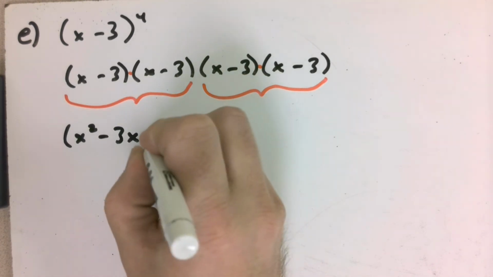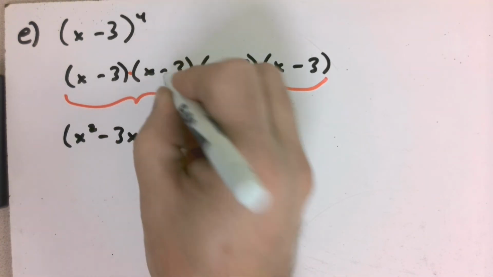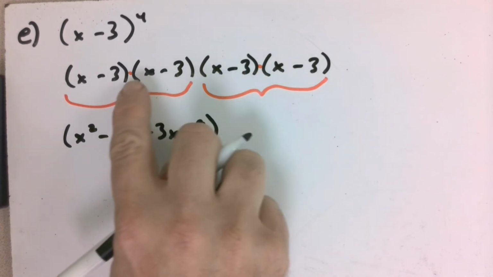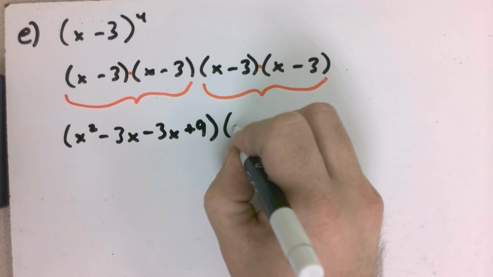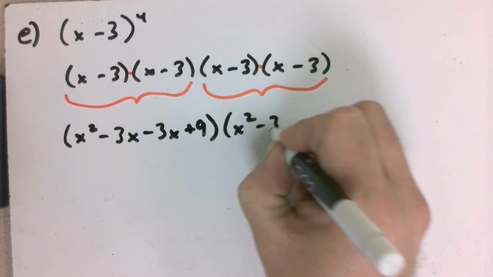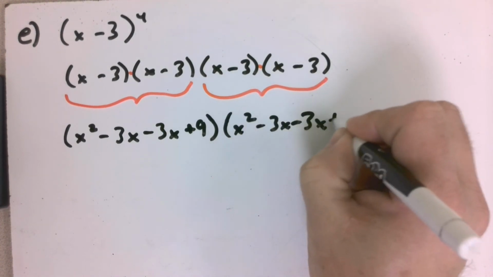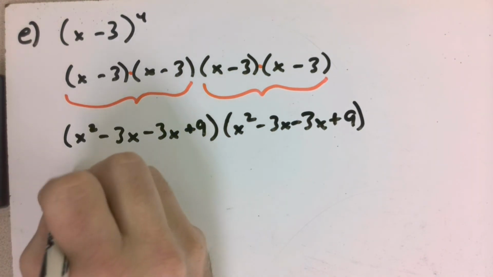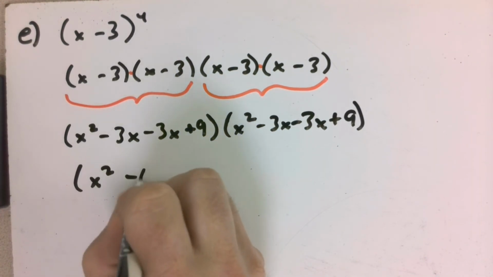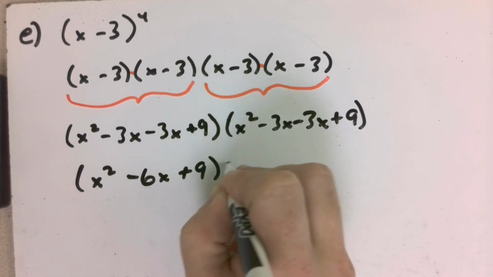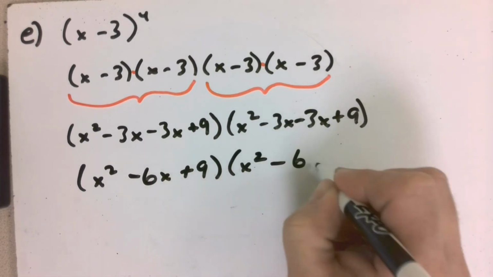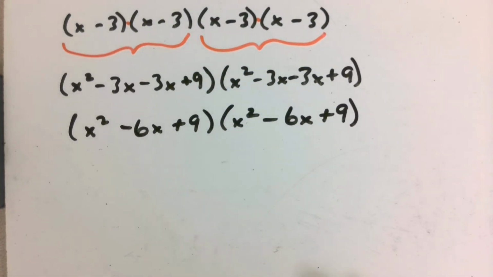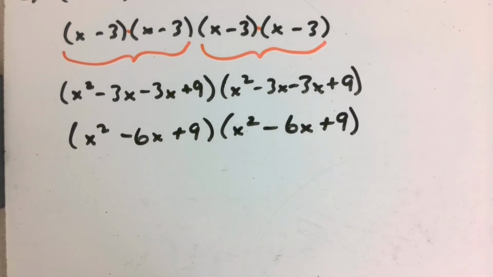Negative 3 times x is another minus 3x, and negative 3 times negative 3 is 9. This is the exact same thing as that, so we would get another one of those. We have some like terms here in the middle we can combine together. So x² − 6x + 9 times an x² − 6x + 9 is what we would end up with after multiplying those out.